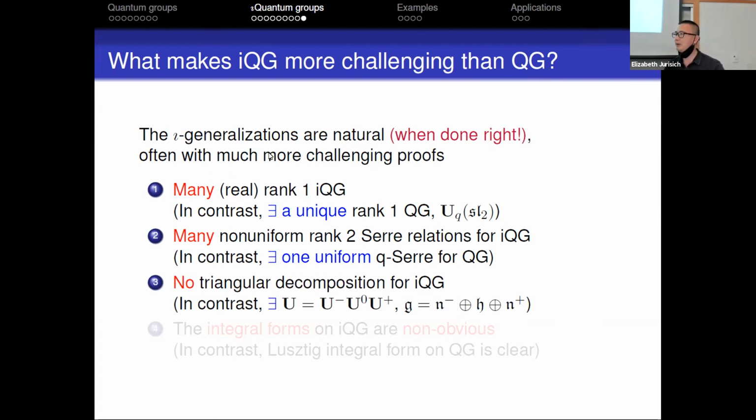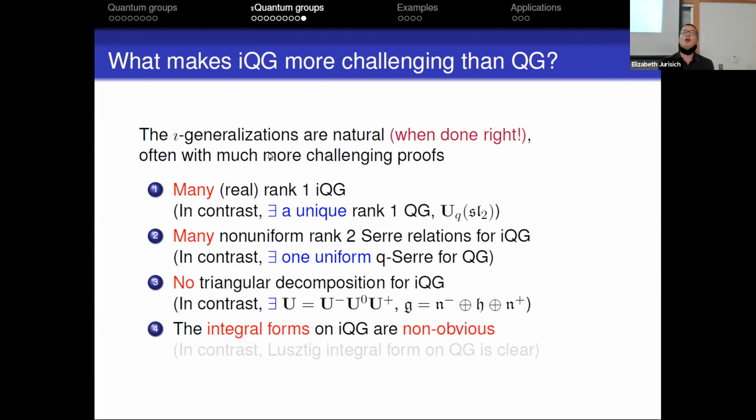That one is really bad. So everything you want to generalize is on U, not on U minus, U plus. And so if you want to do canonical bases, you cannot copy Lusztig's procedure or Kashiwara's, starting from U plus. This is one reason why in the earlier work these things were missing.